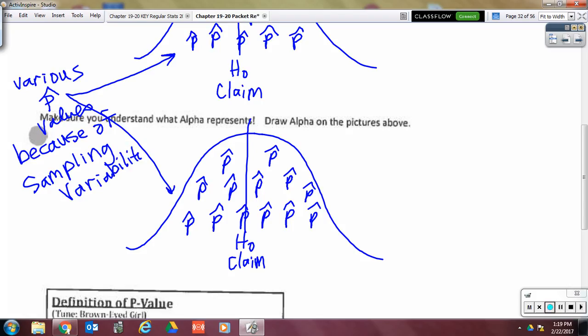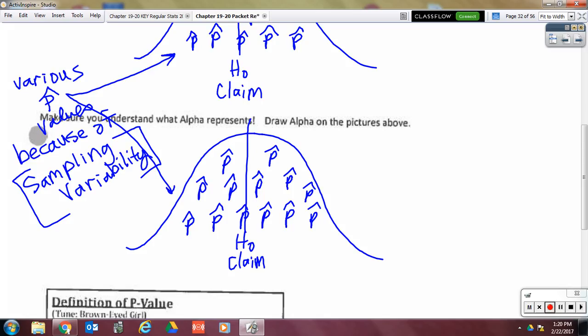Sampling variability means that you got a different result than I did because you got different data than me. Sampling variability happens because you got different data than me. So sampling variability is happening just because you happen to get something different.